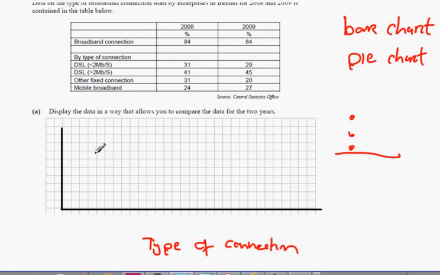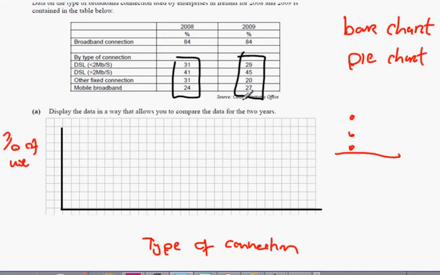What should the y-axis be? Percentage of use. Okay, now we have to figure out a scale. What scale would be ideal? How high do we have to go according to these two sets of values? 45 is the biggest, and what's the smallest?